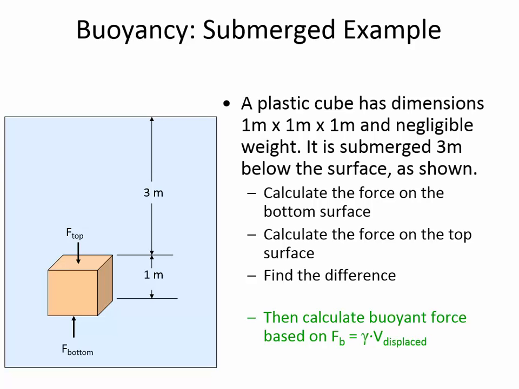And so the volume displaced is 1 cubic meter, and the unit weight of the liquid is 9,810 newtons per cubic meter. So the volume times the unit weight tells us that 9,810 newtons is the buoyant force. So buoyant force means the difference between the forces pushing up and the forces pushing down.